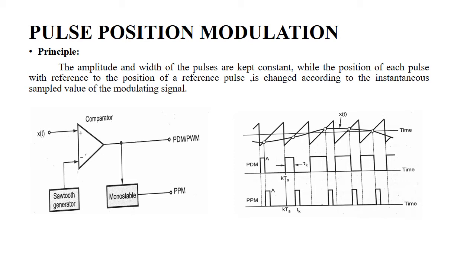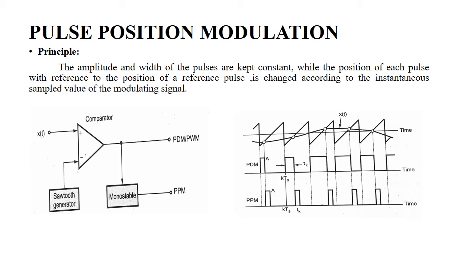When the sawtooth waveform voltage is greater than the voltage of x(t), the output of the comparator remains 0. So the trailing edge of the output of the comparator is modulated by the signal x(t). If the sawtooth waveform is reversed, then the trailing edge will be fixed and the leading edge will be modulated.